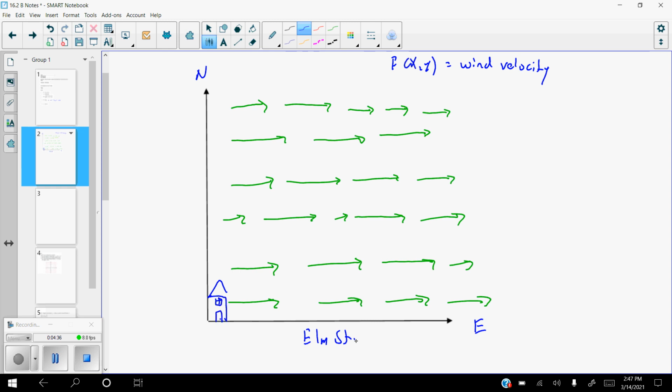And what's another very popular street? Oh, Main Street. Everybody has a Main Street. So we'll put Main Street over here. Anyway, so we've got our vector field, and the wind is blowing, it looks like, pretty much due east.